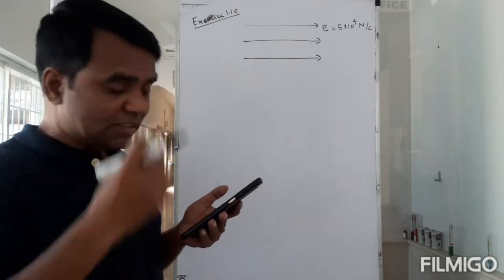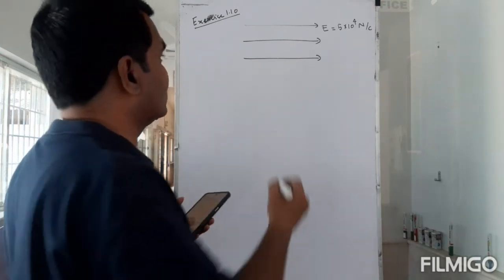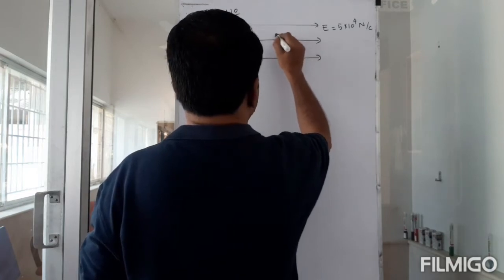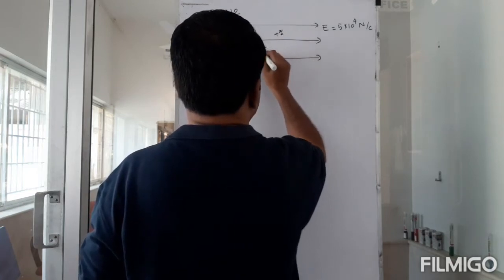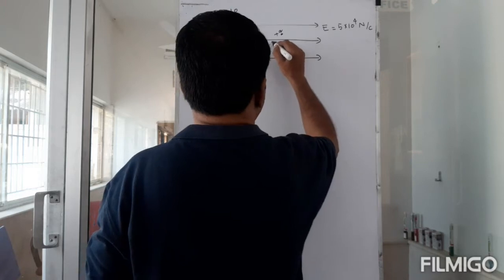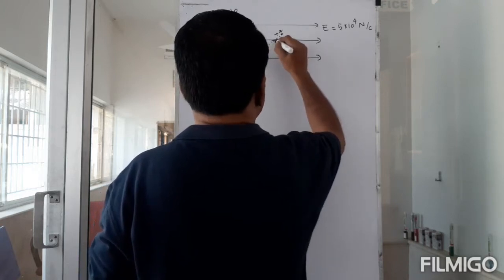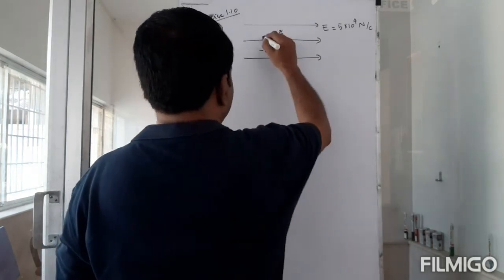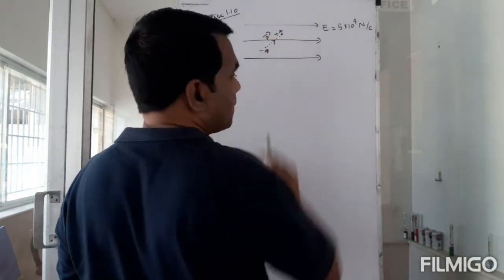And then I've given you a dipole moment, which is P. Yes, I have a dipole here. Let's say this is my plus Q, and this is my minus Q. So this is my dipole, and it has a dipole moment P. Okay. So this is P, from negative to positive.